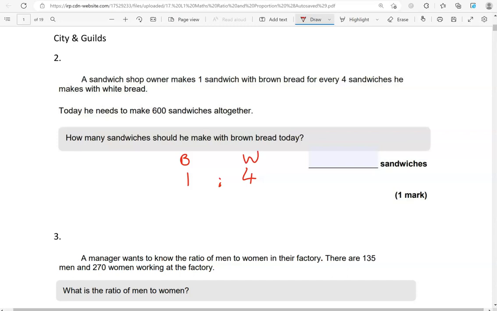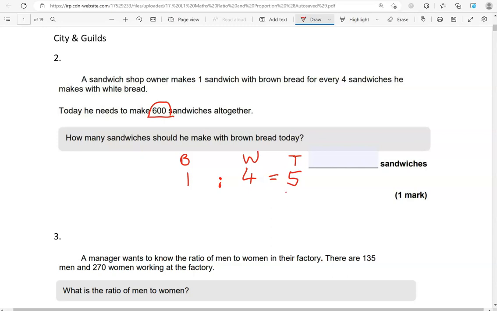Today he needs to make 600 sandwiches altogether. How many sandwiches should he make with brown bread today? So 600, that's for the sandwiches all together. So we need to create a third column here, like the totals column. 1 and 4, that is 5. So 5 units in total.